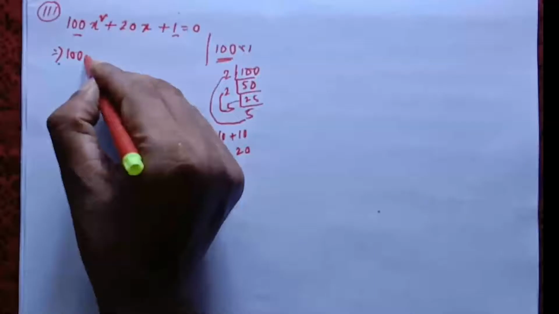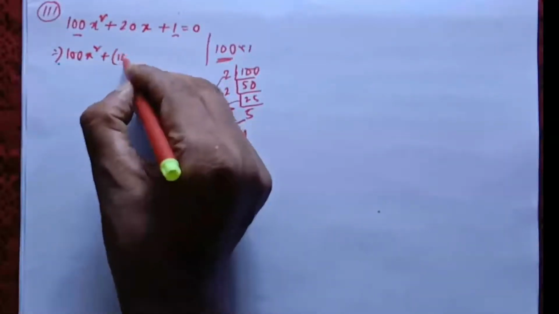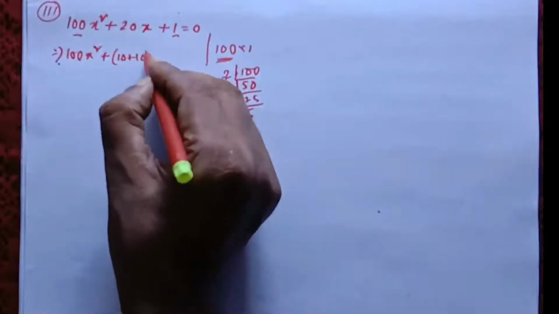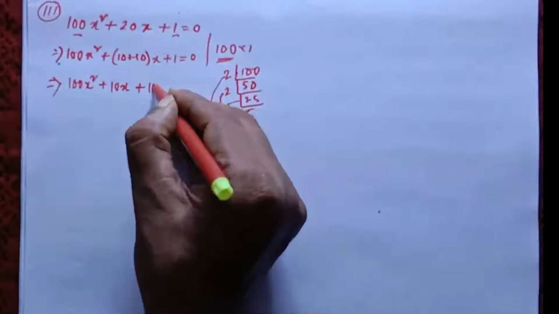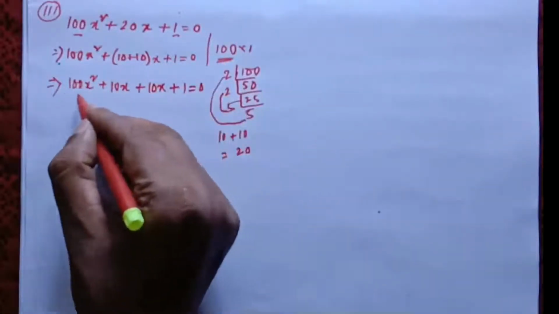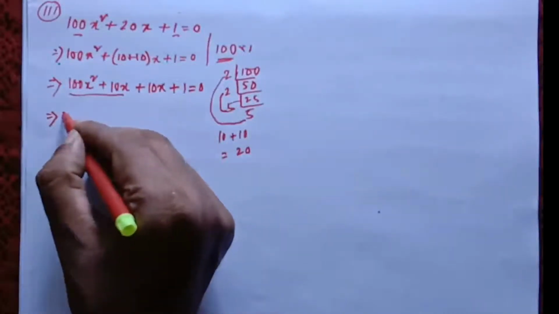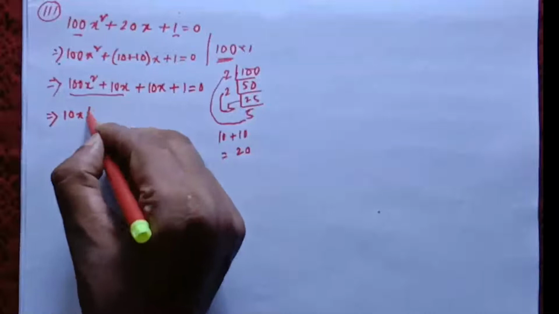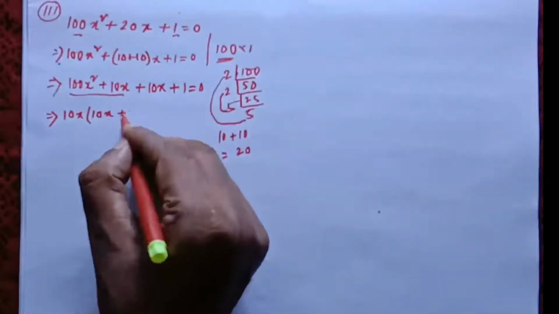100x square plus 10x plus 10x plus 1 equal to 0. Now we'll take common from these two: we have a common factor 10x, so it is 10x plus 1.